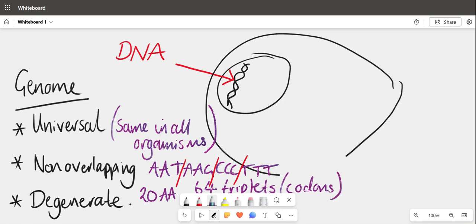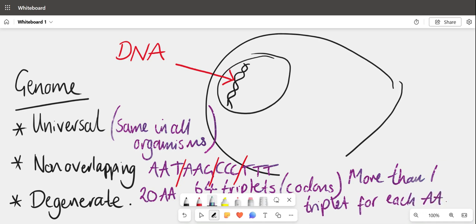So it's not like we've got 20 different triplets and 20 amino acids. We've got 20 amino acids and 64 triplets. So there has to be more than one triplet for each amino acid. Okay, so 3 properties there of the genome.